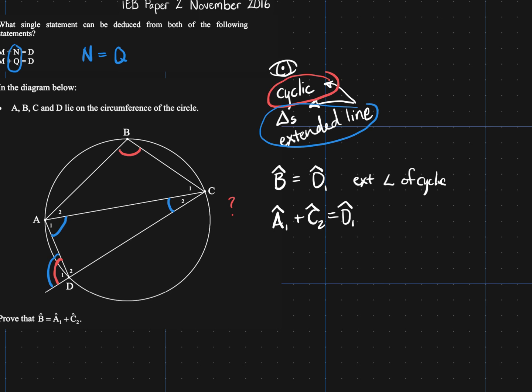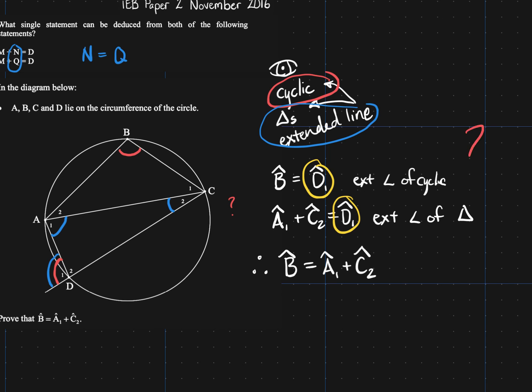That is because it's exterior angle of triangle. Therefore, B is equal to A1 plus C2. And we know that because they're both equal to D1.